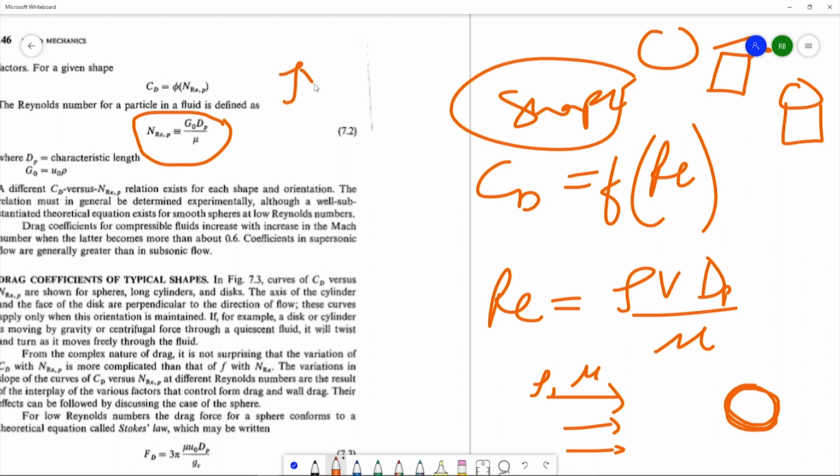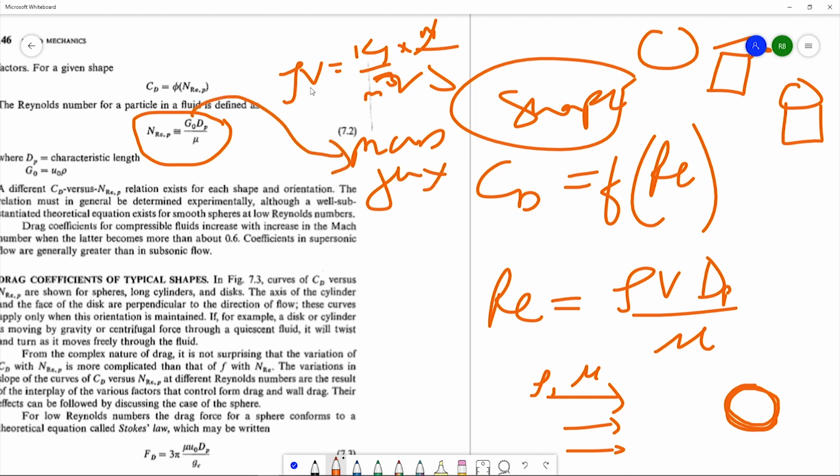Rho v is nothing but mass flux: kg per meter cube into meter per second becomes kg per meter square per second. G is also mass flux, so instead of writing rho v, it is given as G. The dP is called the characteristic length. For a sphere it is dP.